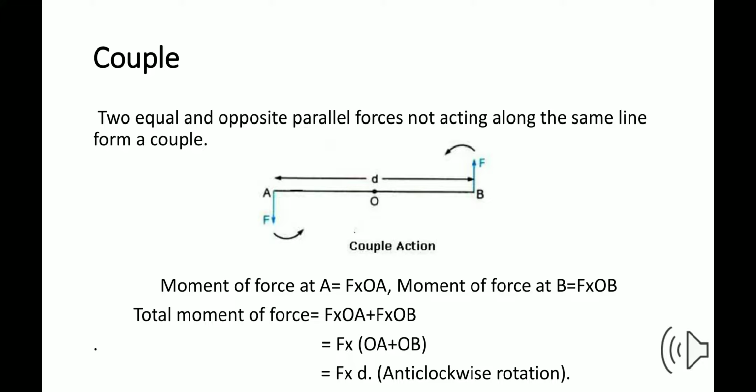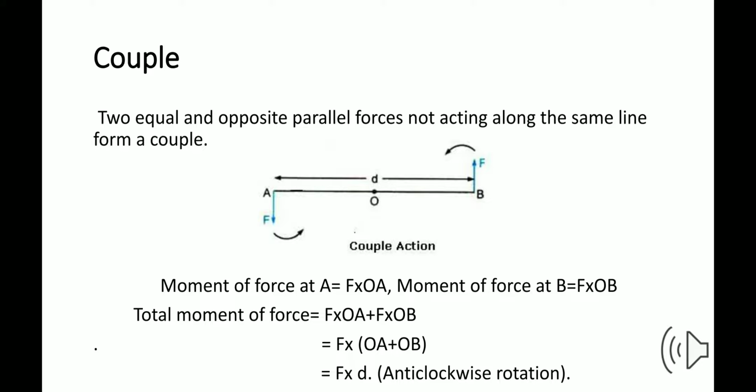Now suppose we take a meter rule and fix it at the center. In the diagram, if you see, we have fixed it at center O, that is the 50 centimeter mark. Now let one end be A and the other end be B, and let equal forces be applied at A and B. Moment of force, as you have studied, is force into perpendicular distance.